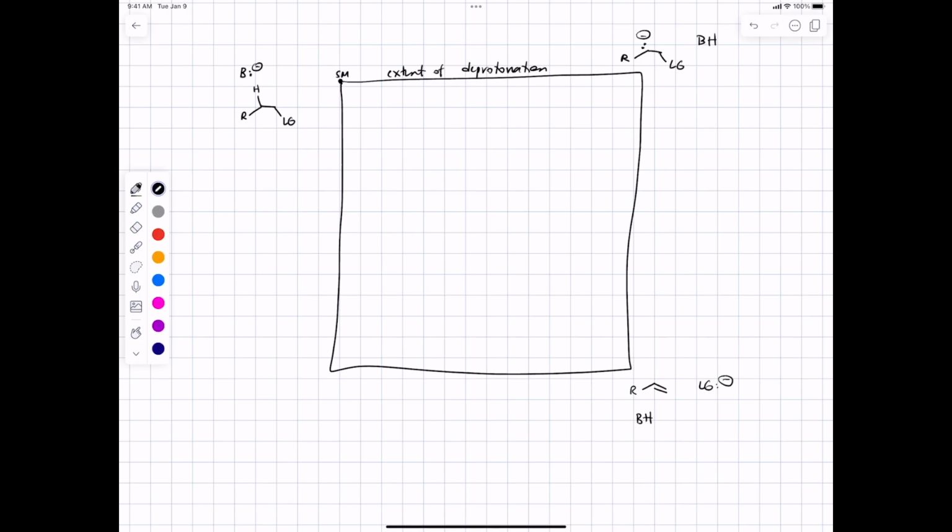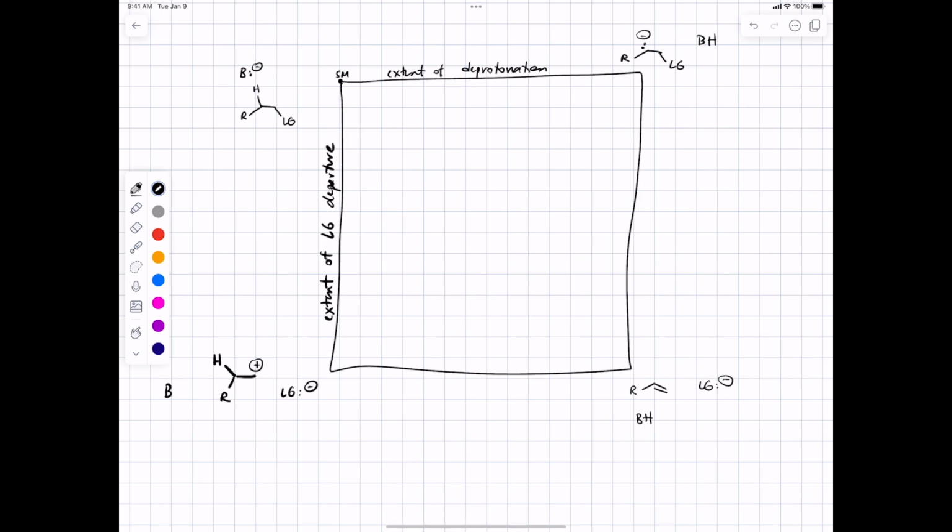And then along the y-axis, we're going to have extent of leaving group departure. And so this will be leaving group leaves prior to deprotonation.